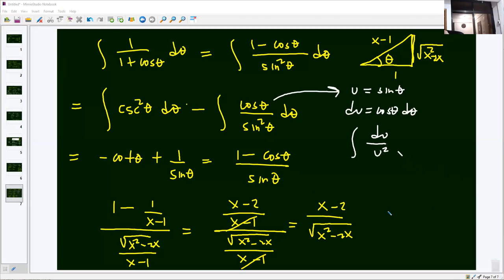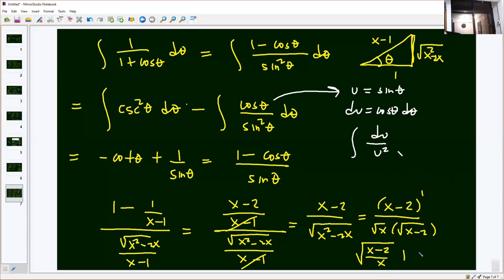So, ang pinakamagandang sagot, kasi you know this is square root of x times square root of x minus 2 over the denominator. Do you agree? Right? And you know, this is to the 1, and then this is to the 1/2. So the best answer here is a single radical in x minus 2 over x plus c.